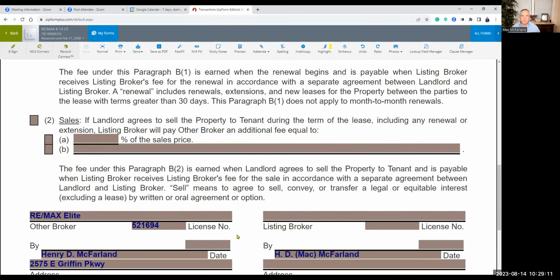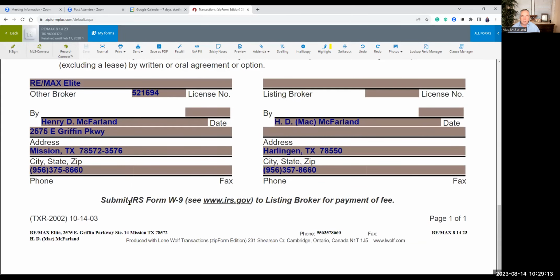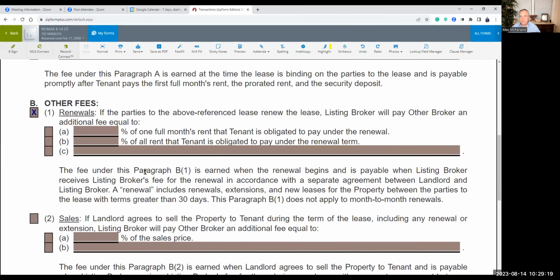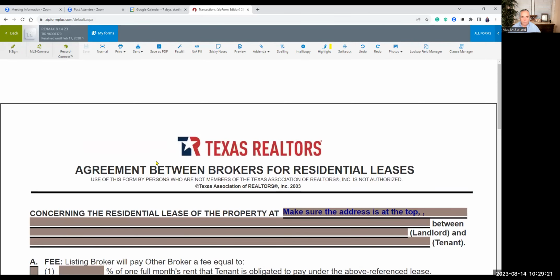But then down here at the bottom, it also mentions the fact that we need to have a W-9 with that. Which is exactly what Cody and Evan, that's what they look for. They have a file. If we've done transactions with them before, that may already be on file. But if not, we need that. And this agreement would point that out. Everybody good?